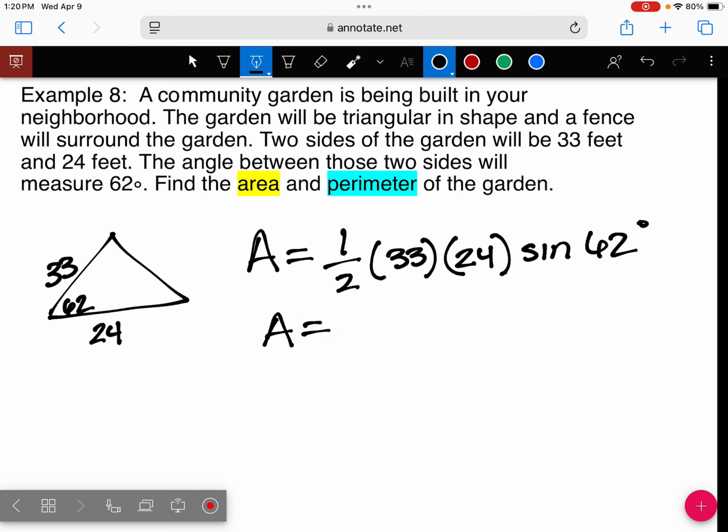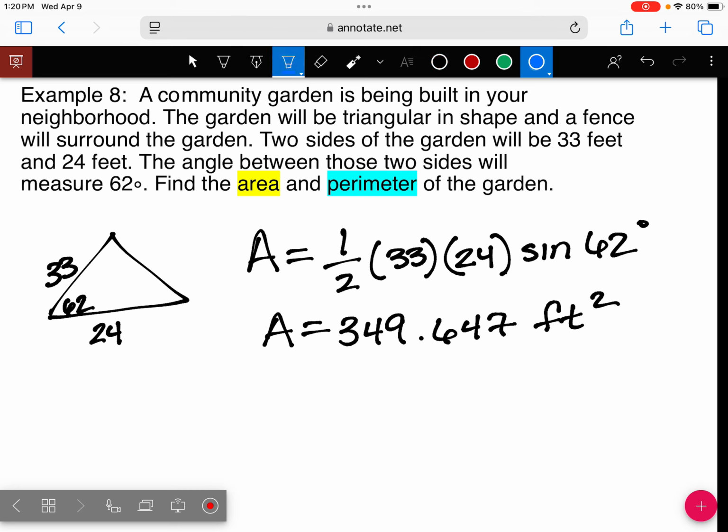So go ahead, type that in and see what you get. And I got 3,349.647 feet squared. Who got that for the area?